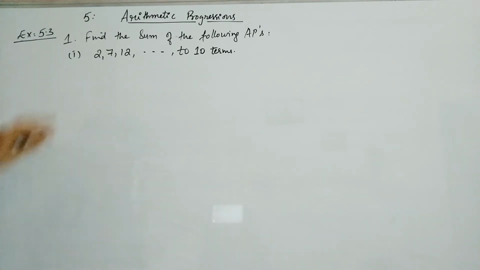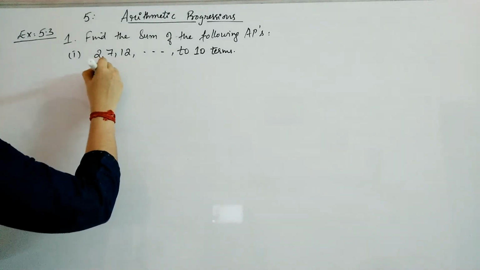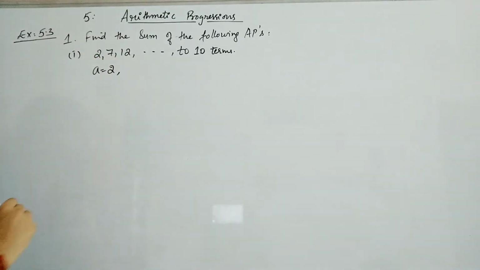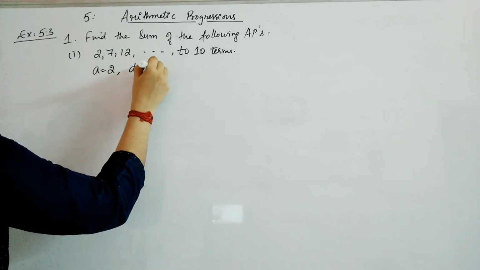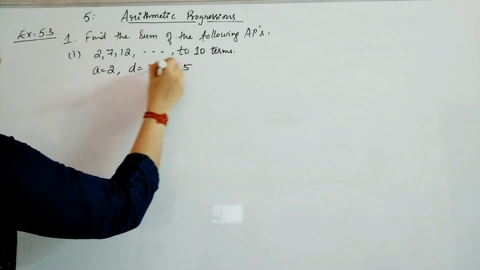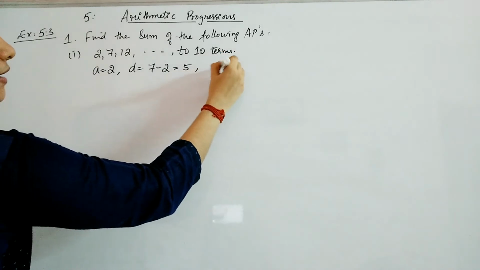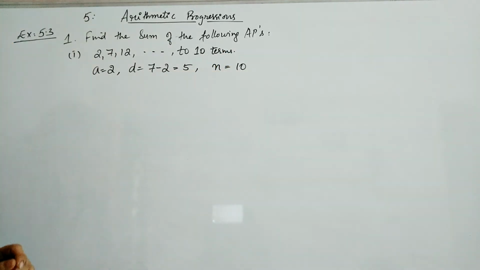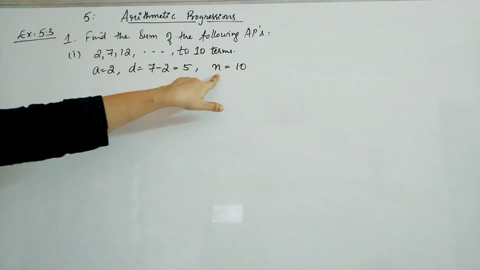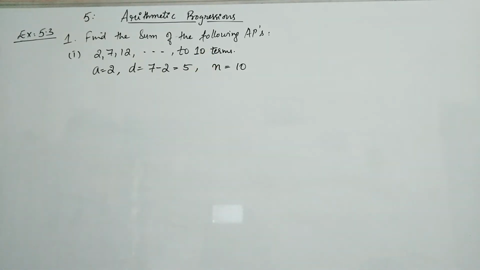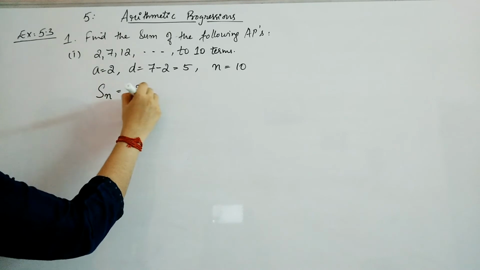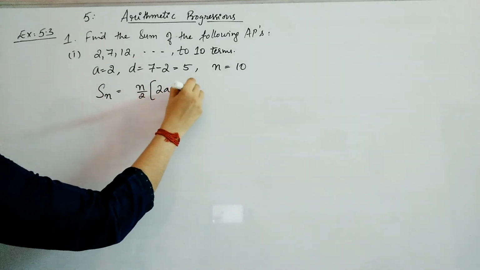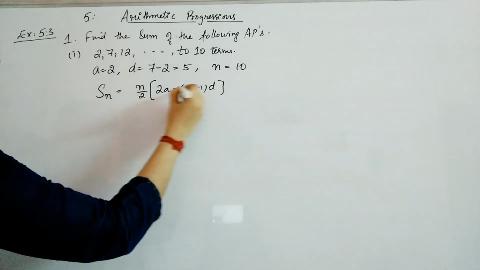So first we will just find what is given in the question, which is a equal to 2, the first term, and d is the common difference, which is 7 minus 2, which is 5. Again you know n, that is how many terms you have to add, 10 terms. Now when you know n and you don't know the last term, we will use the formula Sn equal to n by 2 into 2a plus n minus 1 into d.